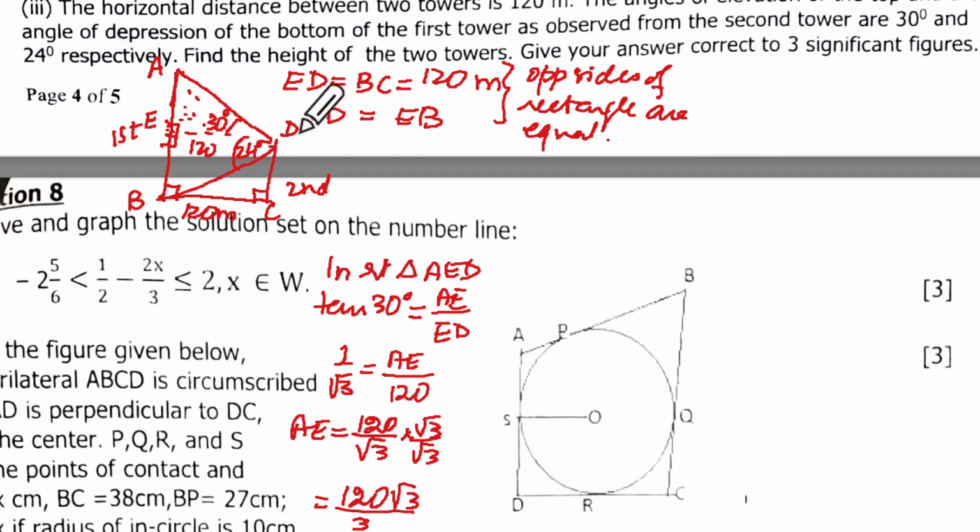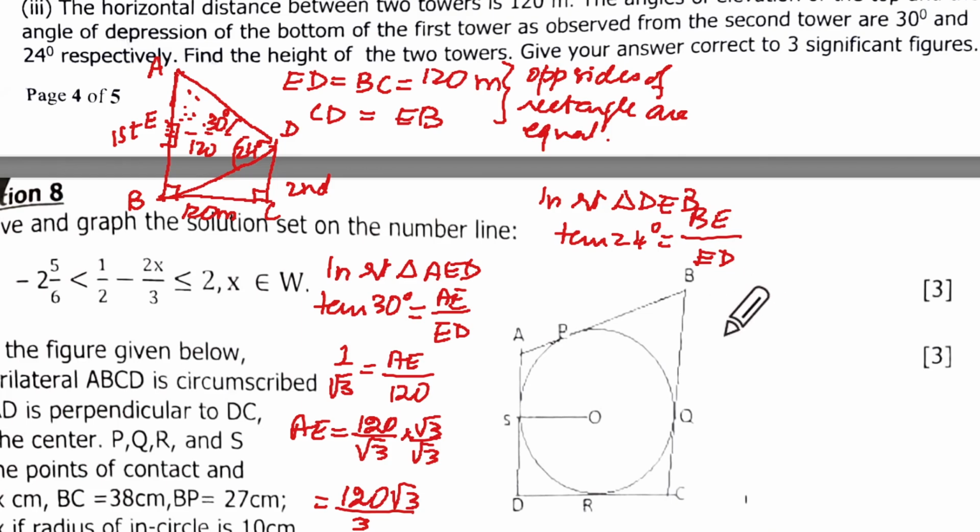Alright, now if you take right triangle DEB, tan 24 degrees will be equal to BE upon ED. So BE upon ED is 120.